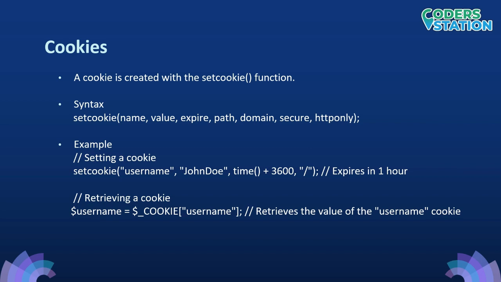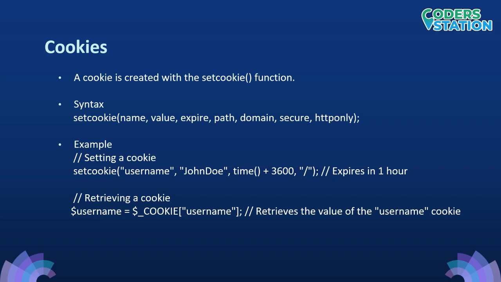For example, setcookie("username", "John", time() + 3600). Username is the name of the cookie, John is the value we are storing in it, and time() gives the current time plus 3600 seconds additional. So exactly after 1 hour the cookie will be deleted.